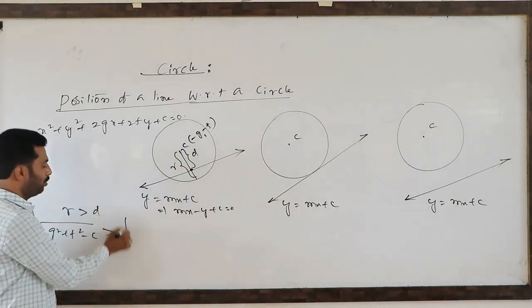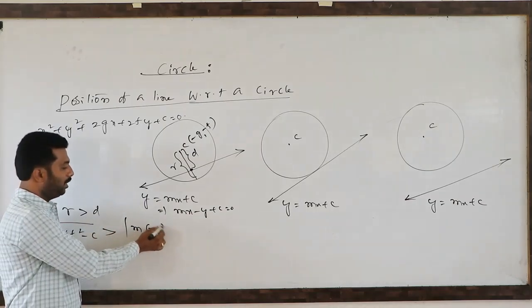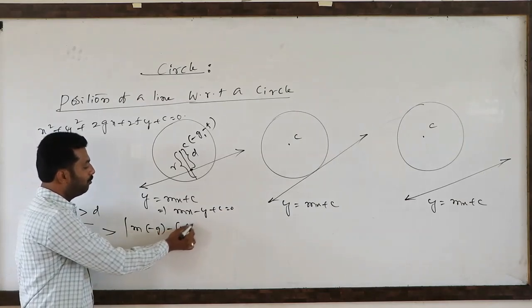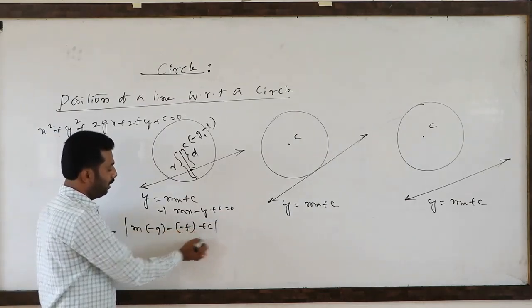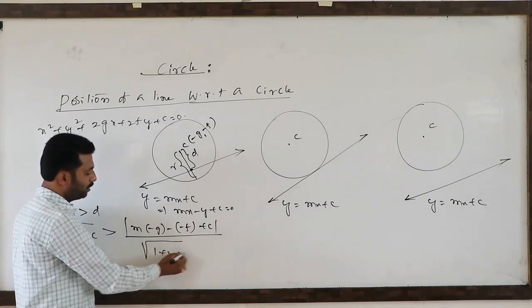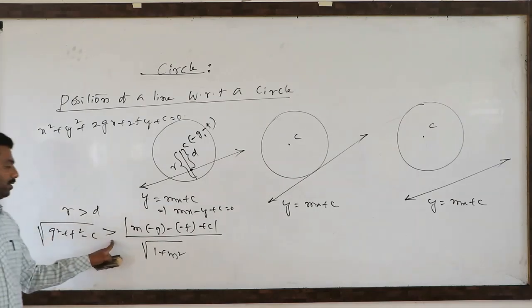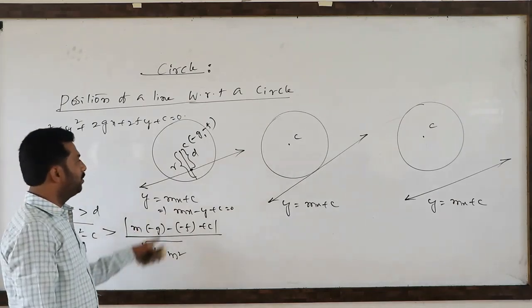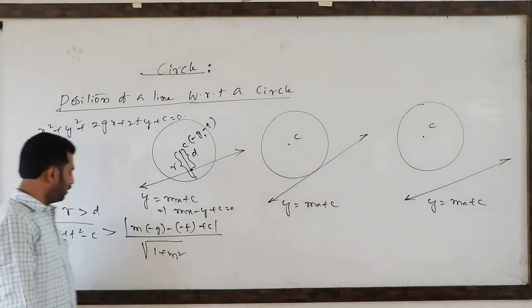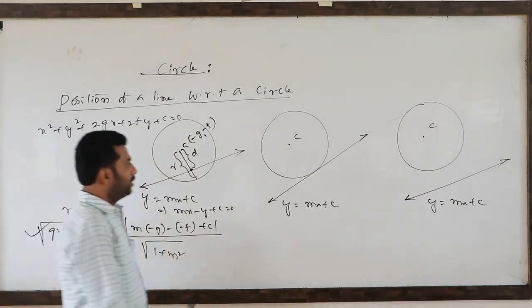So it is m into minus g minus of minus f plus c divided by square root of 1 plus m square. You observe, the radius is greater than the perpendicular distance from the center to the given line, which means the line intersects the circle.